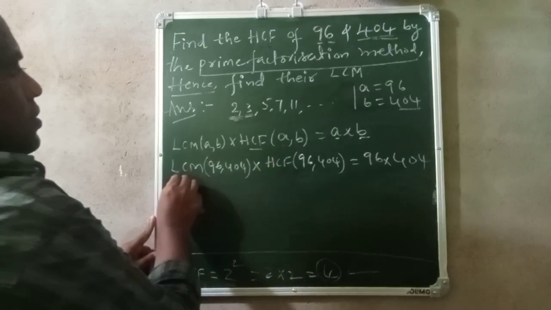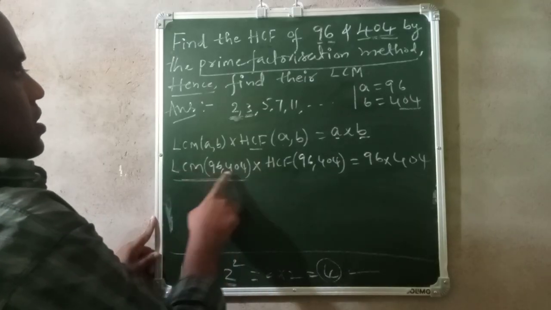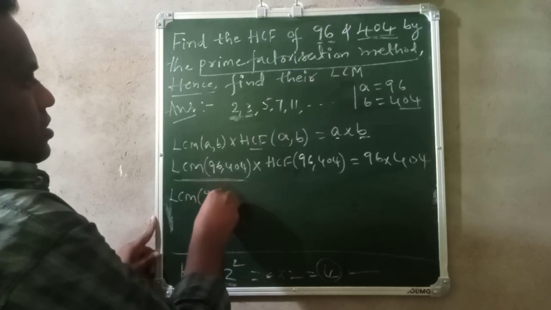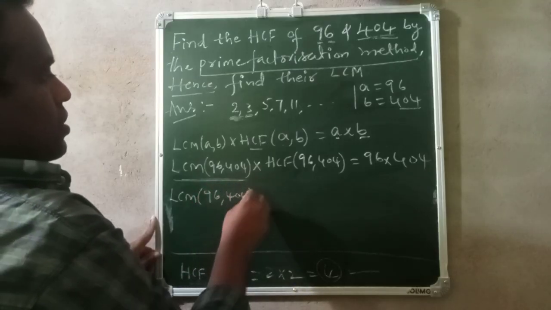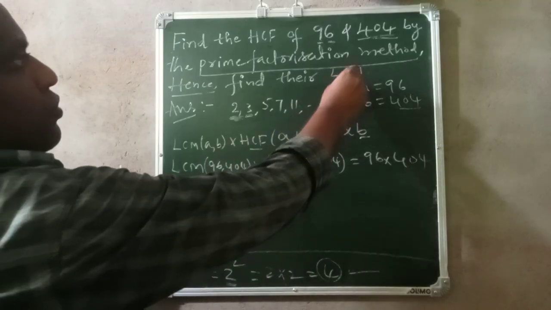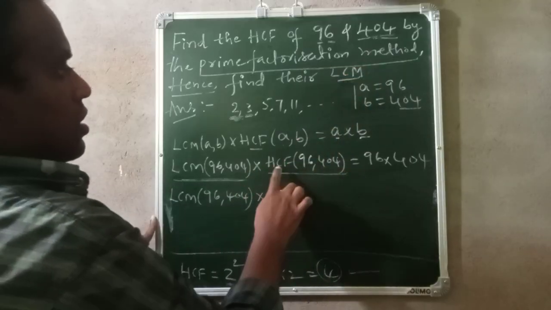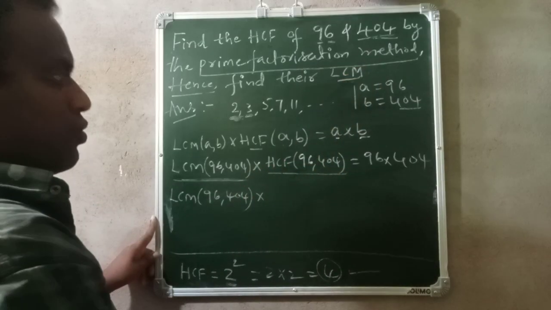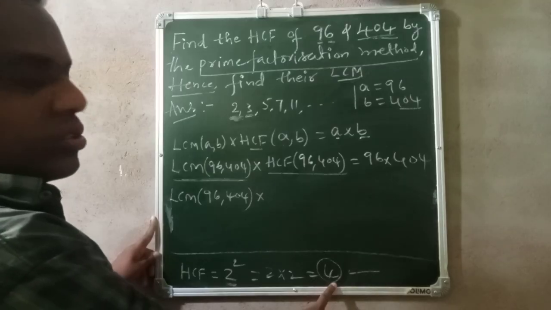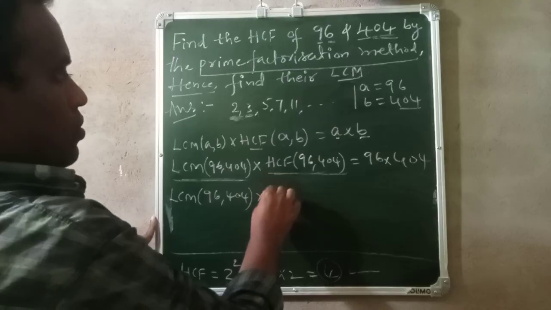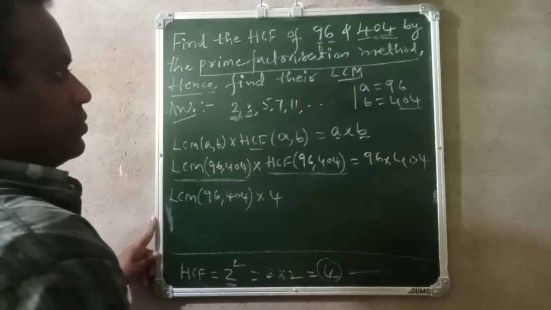So we want LCM of 96, 404, because we have to find LCM. So into, you write as it is, HCF of 96, 404. We got 4, right? So this is the answer. So in place of this, we will put this 4, because HCF is equal to 4.